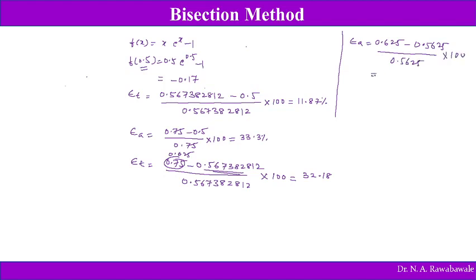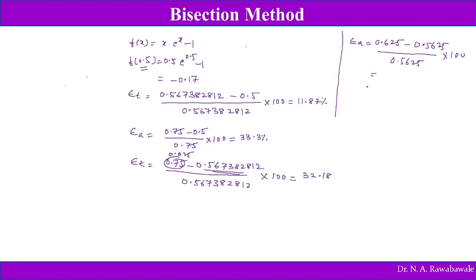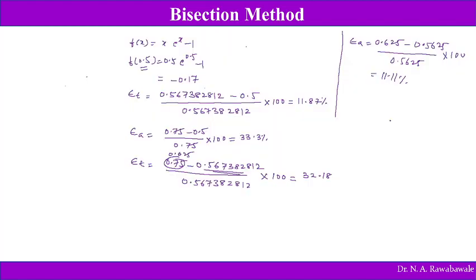So this approximate error is going to be 11.11%. So 11.11% we can write here. Then true error can be obtained.